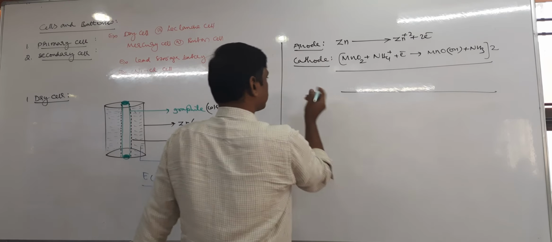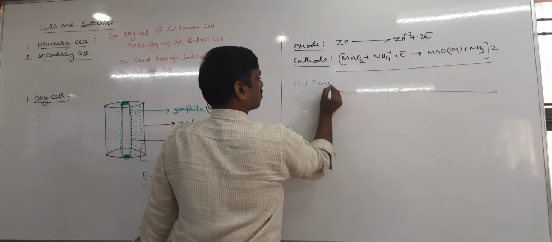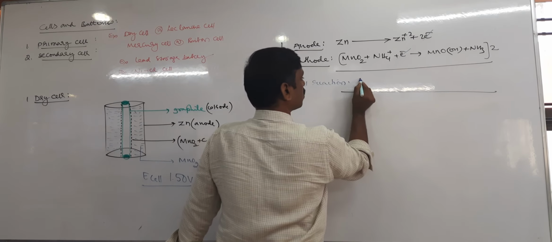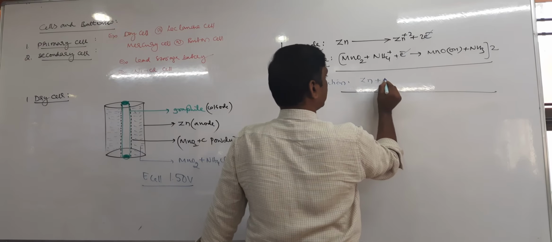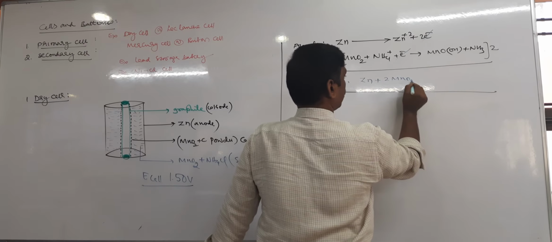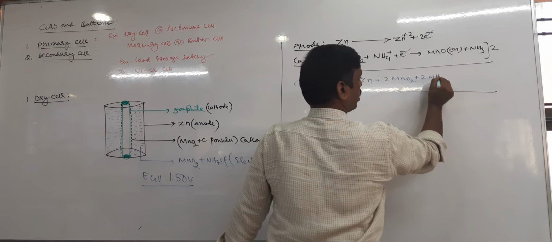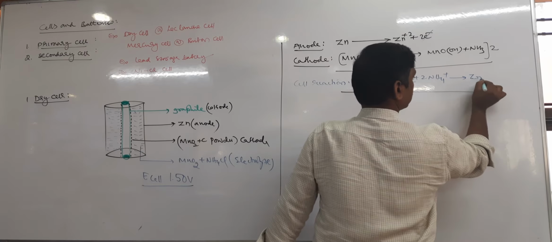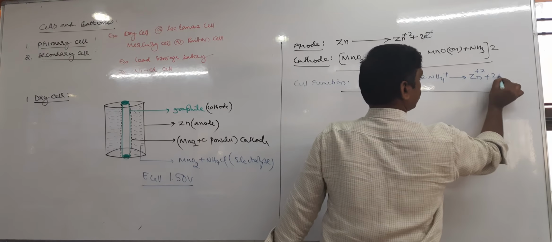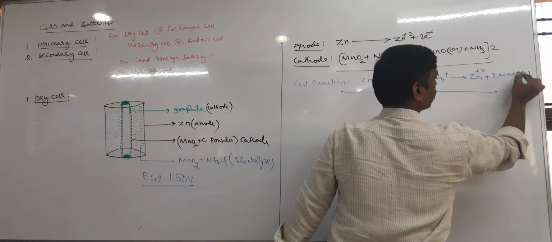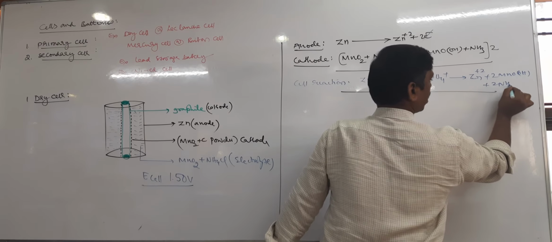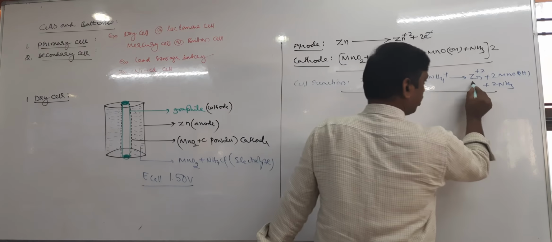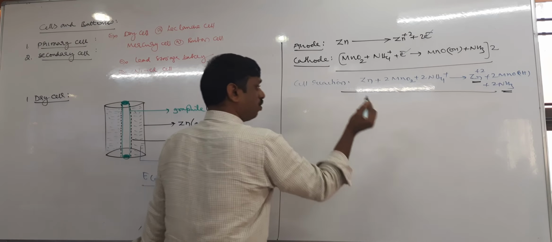So the 2 electrons cancel, then zinc plus 2 MnO2 plus 2 ammonium ion gives rise to zinc 2 plus plus 2 MnOOH plus 2 ammonia. Okay, next, in the above reaction zinc 2 plus and ammonia are formed.